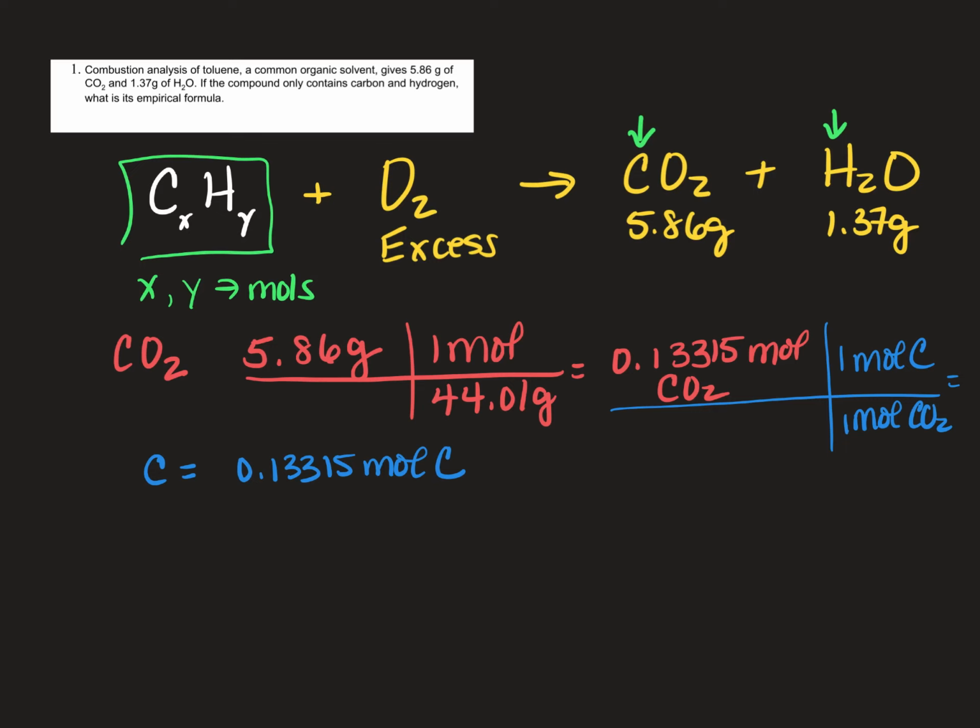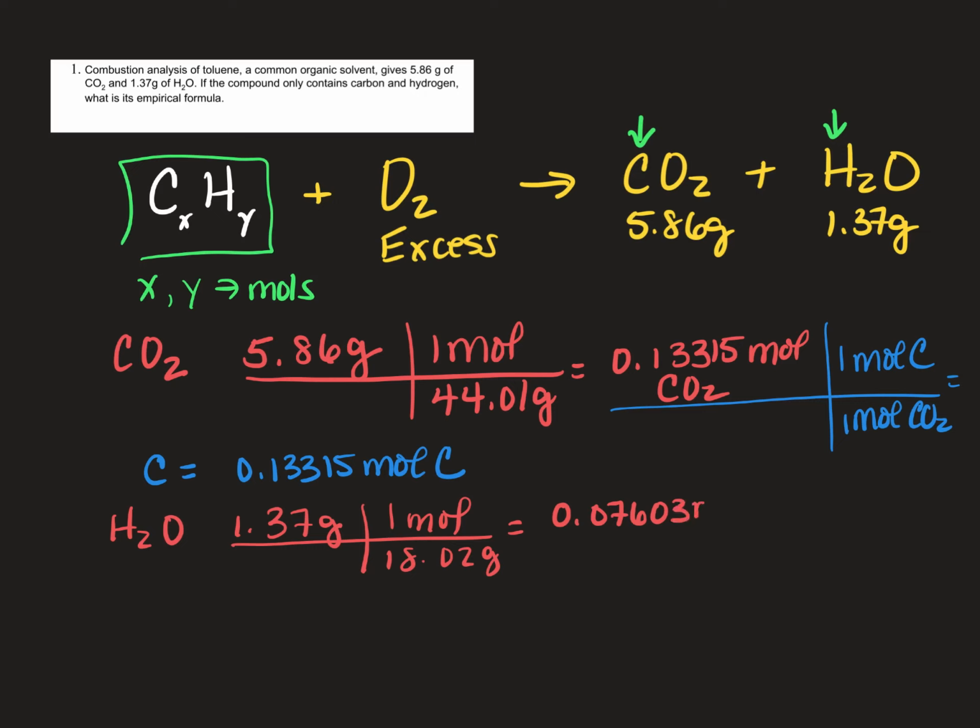Okay, so we're going to look at the same thing with hydrogen. For H2O, which is what contains the hydrogen, I have 1.37 grams, and I know that in 1 mole of water, there's 18.02 grams of water. So I'm going to take 1.37 divided by 18.02, and that gives me 0.07603 moles of H2O.